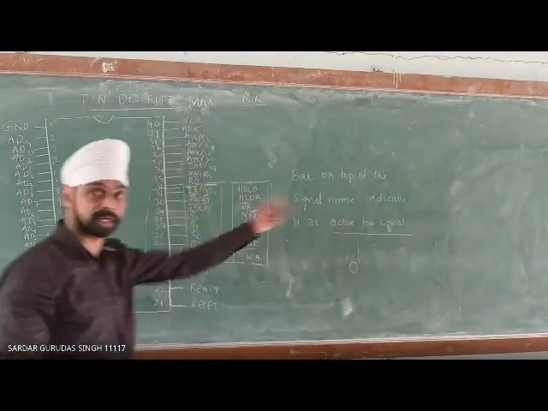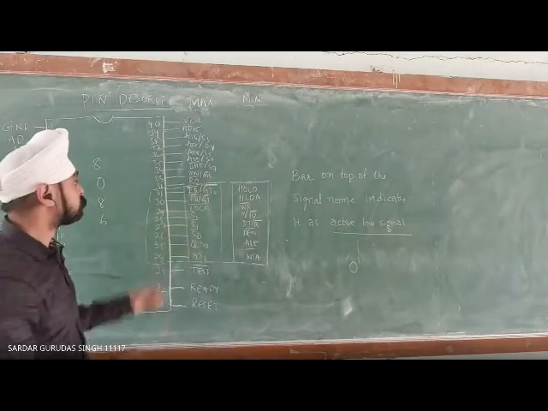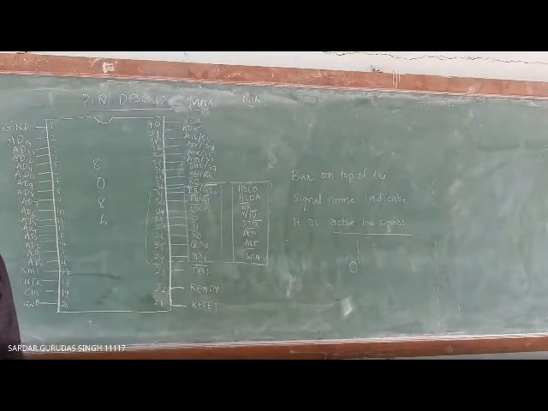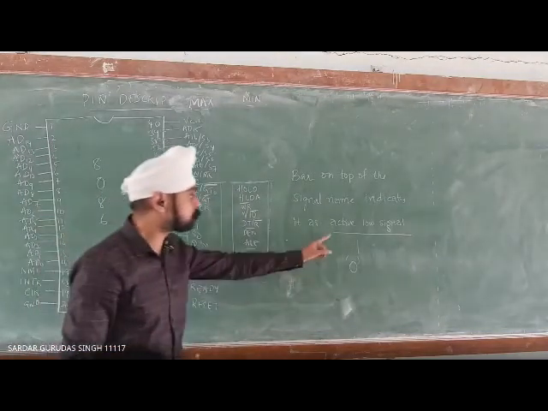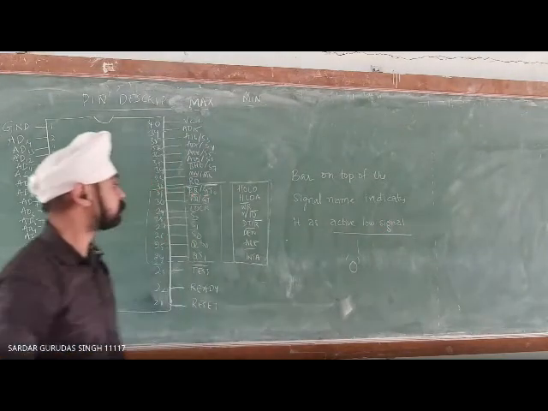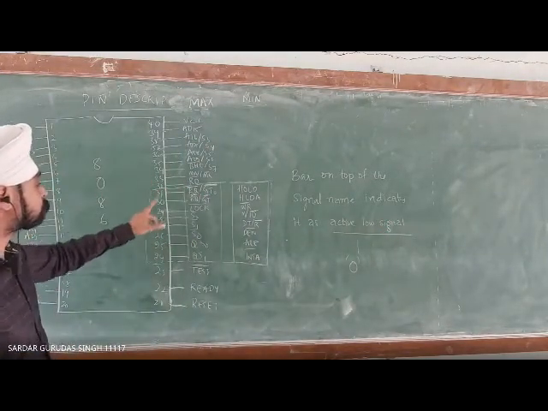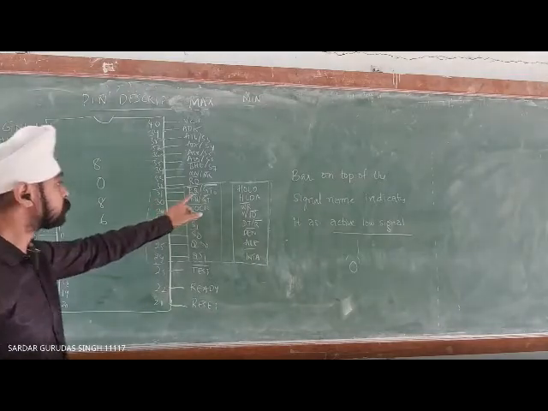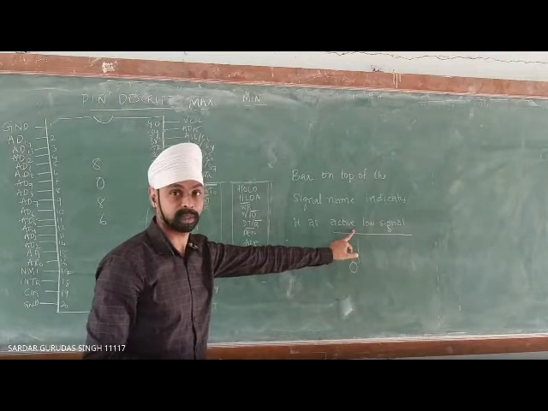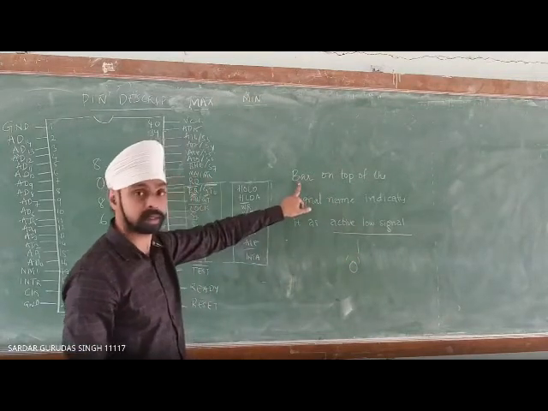If a 1 comes on that line, then it is inactive. It will perform its operation only if it receives a low signal. A signal performs its operation only if it gets an active low signal. I am talking about the bar on the signal name.